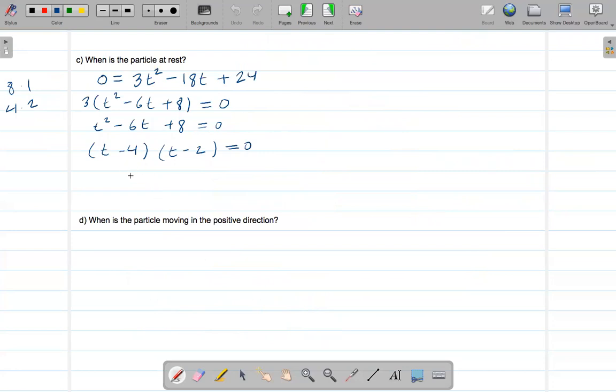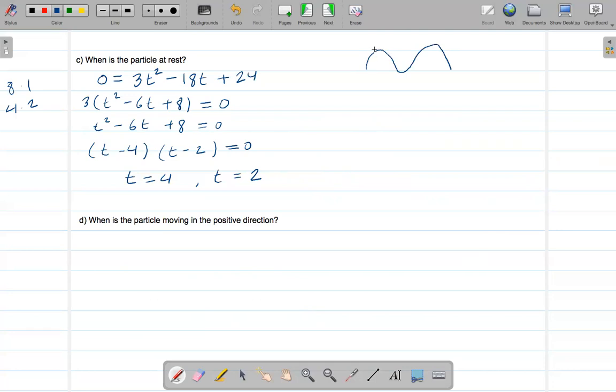Okay, and then here it's either t equals 4 or t equals 2. Here we got two values of time where the particle is at rest. So that means basically the motion is something like this.